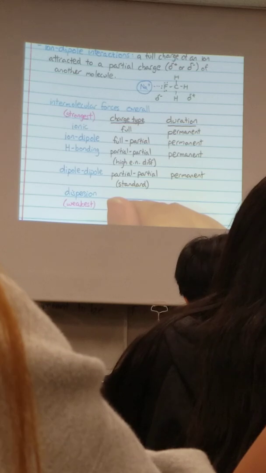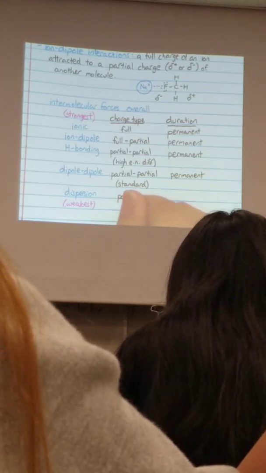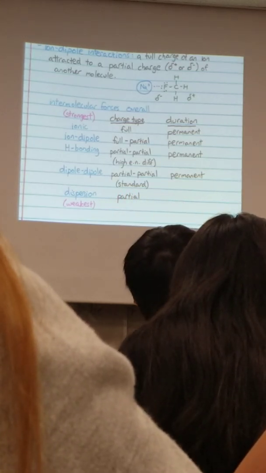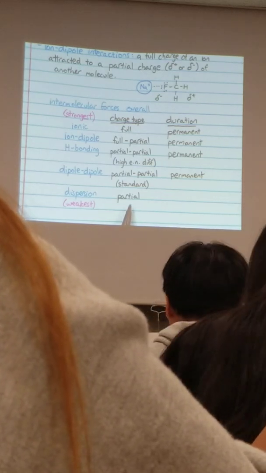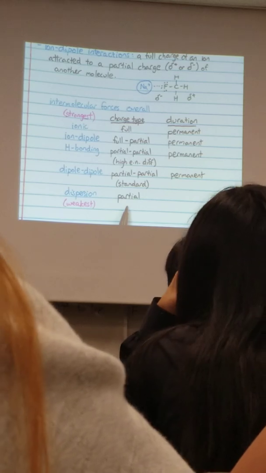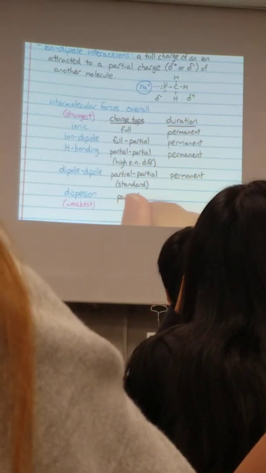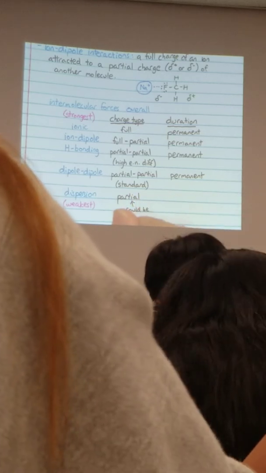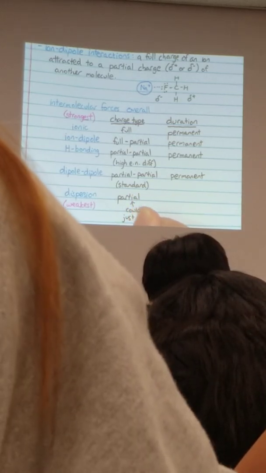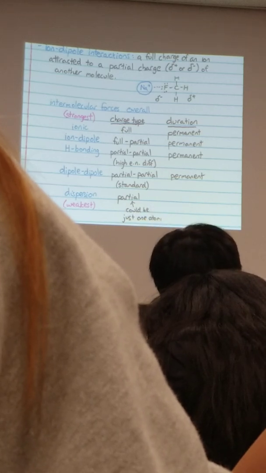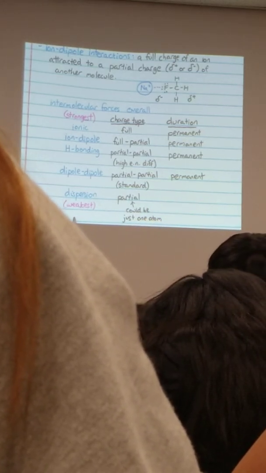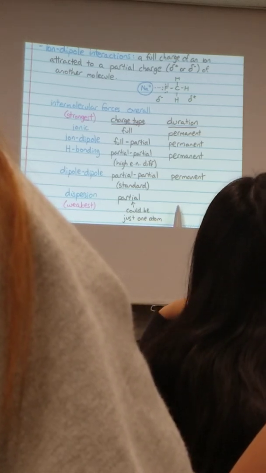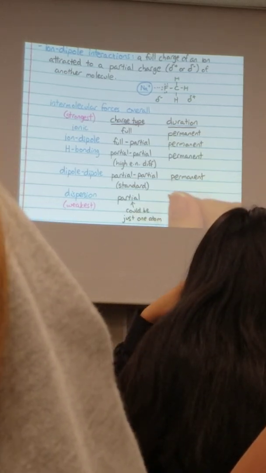Okay, so we still get partial. And notice I'm only writing partial once. Okay, because it's possible they're only looking at one atom, huh? So here, in terms of partial, could be just one atom. And reminder, with dispersion, it's not permanent. What is it instead? Temporary.